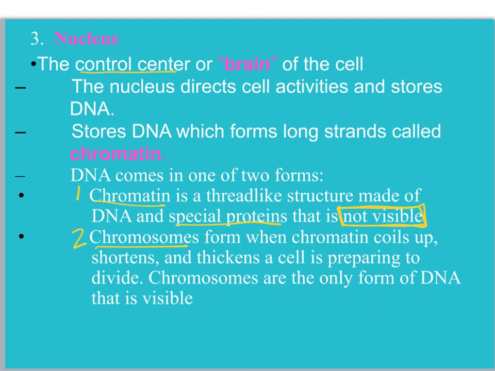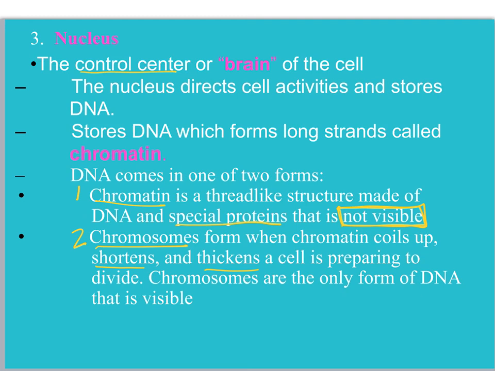Now, the other form is chromosomes. You've probably heard of chromosomes before. Chromosomes are X's, basically. So the double helix of DNA coils, so think of like a slinky. So the slinky is going to condense and coil into an X shape. When it does that, that shortens the slinky, and it also makes it wider or thickens it.